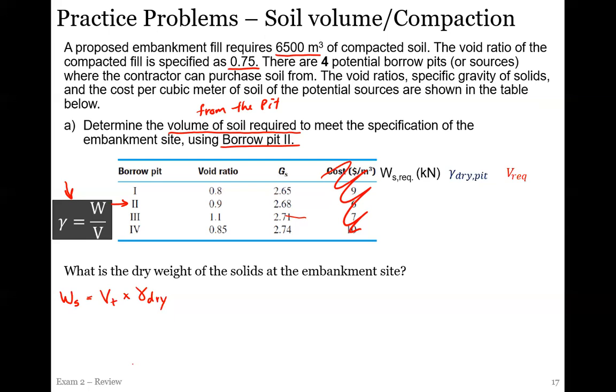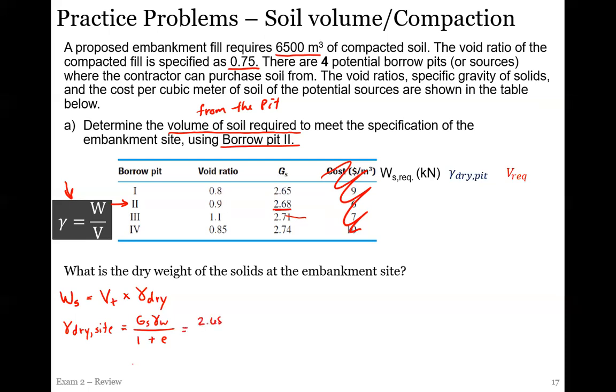So to get this gamma dry, I'm just going to say at our site, so this is the 6,500 cubic meters, the requirement there. We know that the specific gravity is 2.8. So what we would use is this equation, our Gs gamma W divided by 1 plus our void ratio.